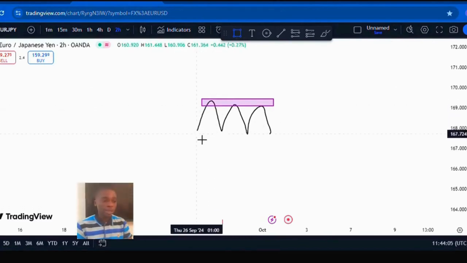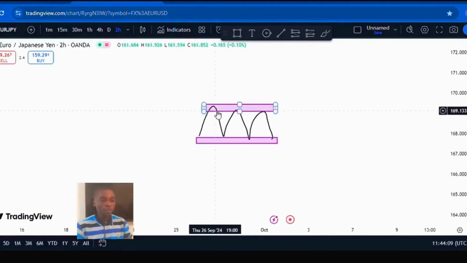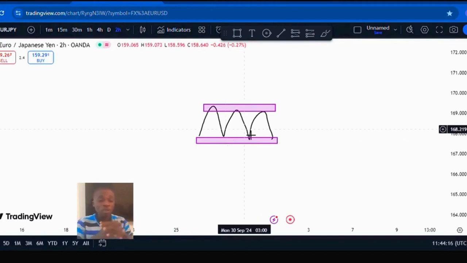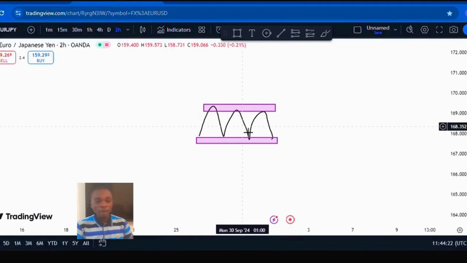Now this is the resistance, and right here is the support of this chart. So at this point, the resistance and the support are of equal strength. The buyers and the sellers have the same momentum, the same strength in pushing price. So they are struggling. Who is going to win at this point?